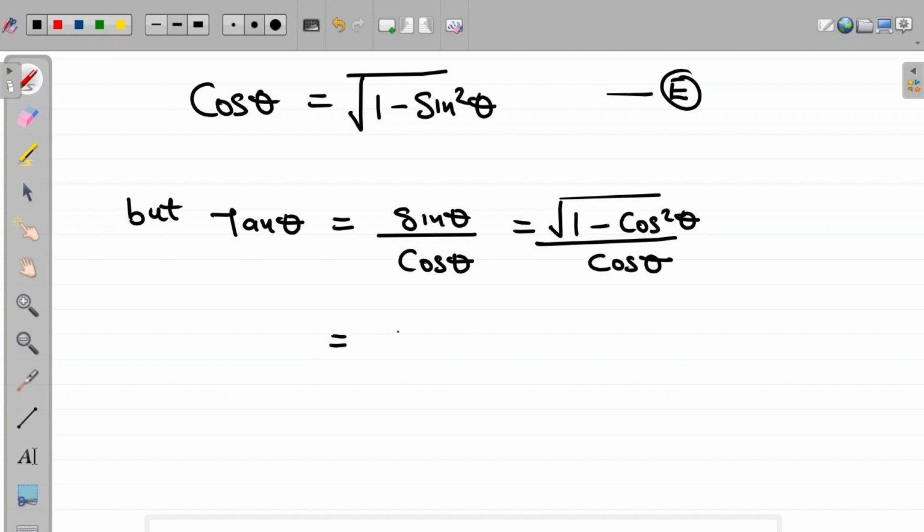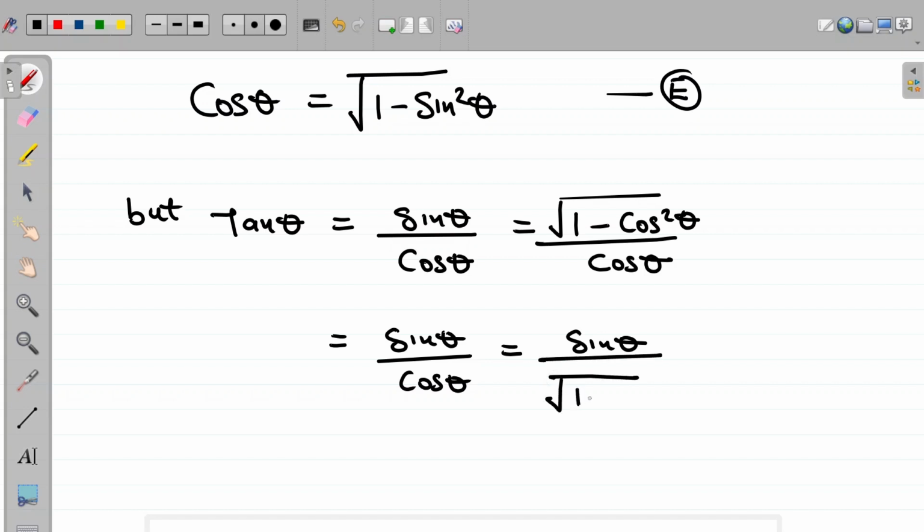Also, sine theta divided by cos theta can be expressed as sine theta divided by root of 1 minus sine squared theta. Call here equation F and call here equation G. Now, having obtained all these trigonometric identities, let us use them to solve some examples.